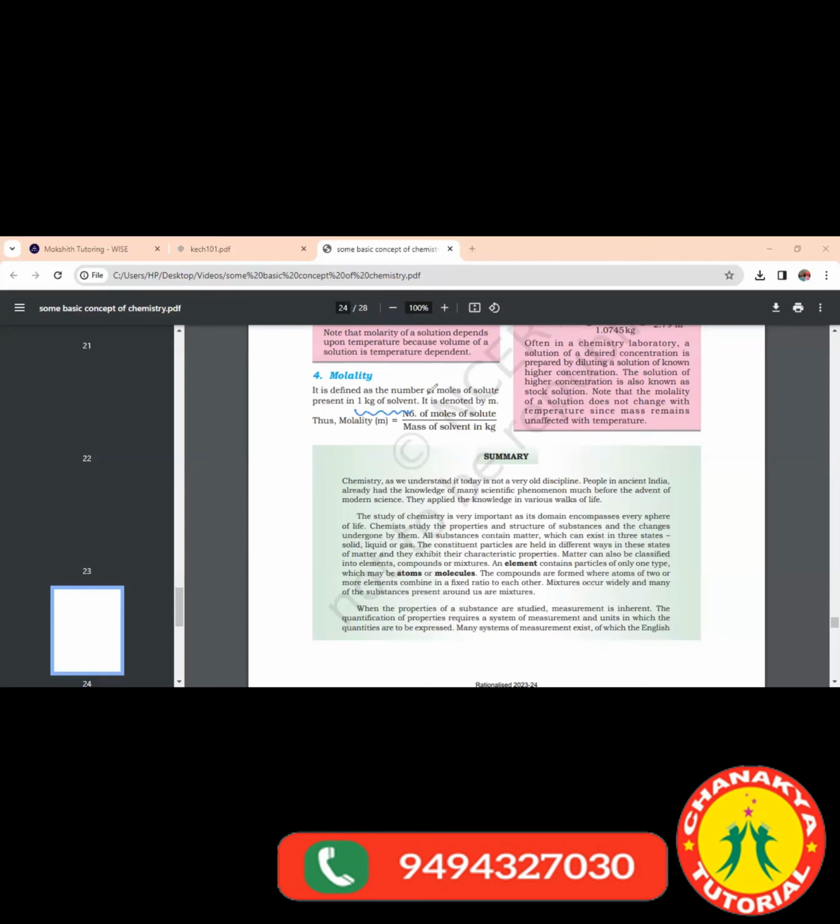Molarity is denoted by capital M and molality is denoted by small m. This is the basic difference between both. Thus, molality, small m, is equal to the number of moles of solute upon the mass of solvent in kilograms. That won't be in liter, it would be in kilogram. Means instead of 1000 ml, you have to take here 1000 gram. Clear?